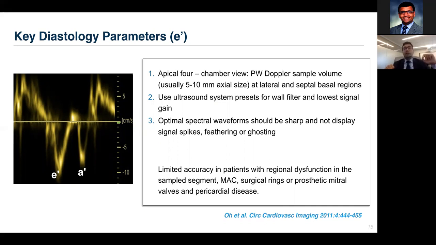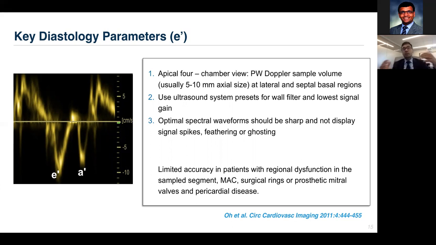And the issues that arise with its measurement are typically in patients where there may be less reliance on its measurement. And those are presence of mitral annular calcification, or if there is a prosthetic surgical ring or prosthetic material, pericardial disease, where there may be more restrained movement of the annulus.